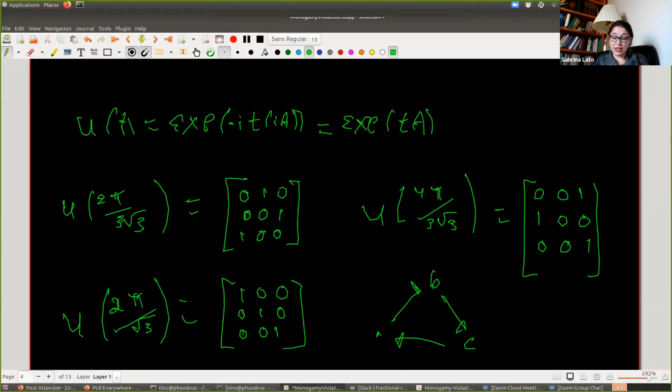We see that we have perfect state transfer from A to B at time 2 pi over 3, perfect state transfer from A to C at time 4 pi over 3, and perfect state transfer from A to A at time 2 pi over root 3. I think I was mistaking the times earlier, but they're written there. So this is something that's very different than what can happen in the real case.